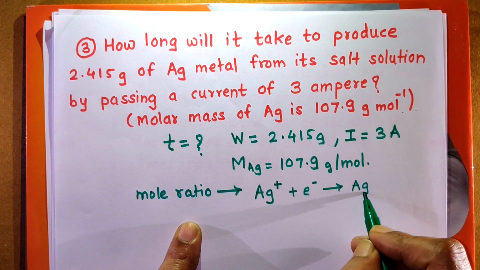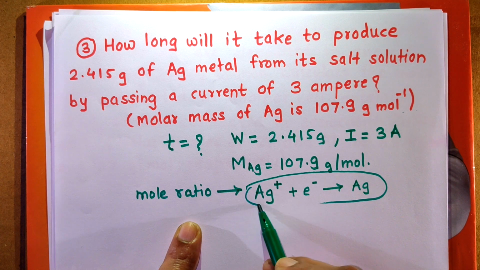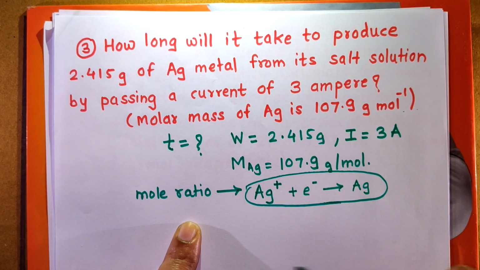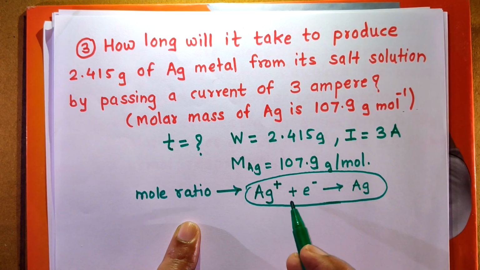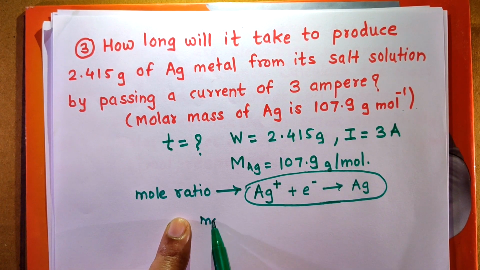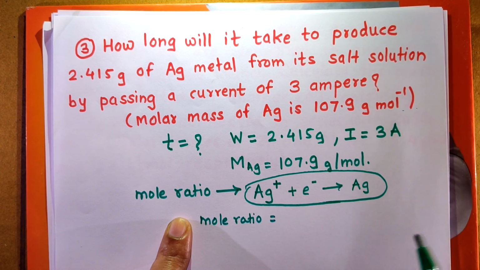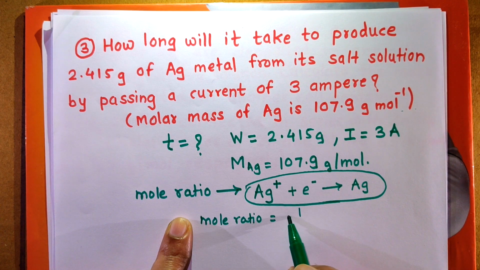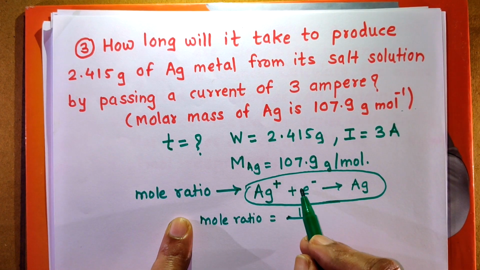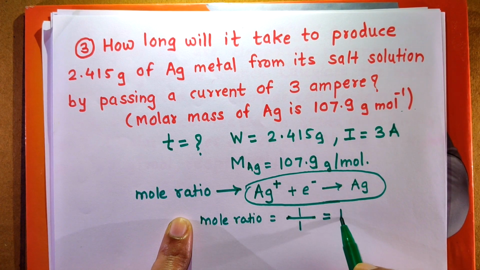This is the reaction or stoichiometric equation which takes place at the cathode for the electrolysis of the solution containing Ag plus ions. That means when we calculate mole ratio, it is the number of moles of product formed. 1 mole of Ag is formed by carrying 1 mole of electrons, and so mole ratio is equal to 1.